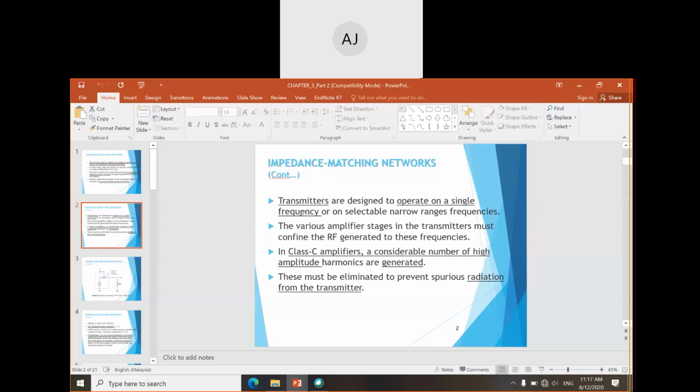This will cause radiation in the transmitter system and reduce the performance of the transmitter. That's why we need the impedance matching network. We need to stabilize the power consumption in every single component in the transmitter system. The impedance matching network is so important.